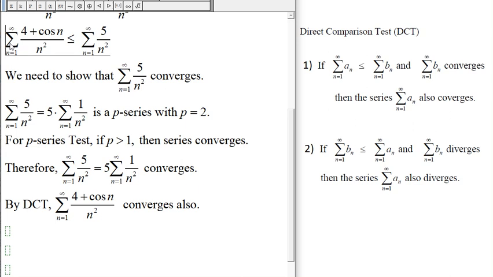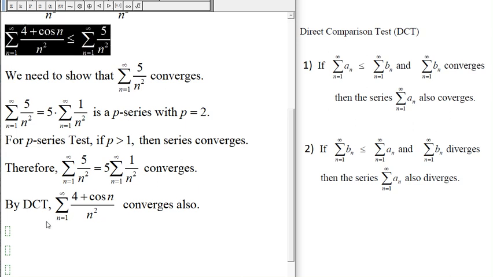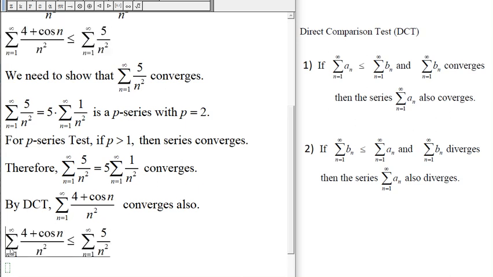And again, the logic behind the direct comparison test is this. This series is always greater than zero, because this quantity right here is always going to be positive or zero. In this case, it wouldn't be zero. It's always going to be greater than zero.